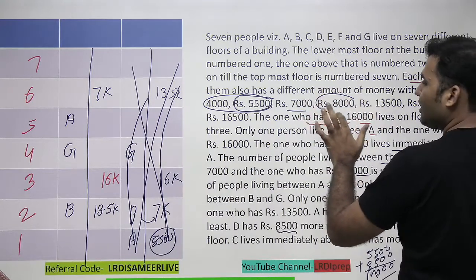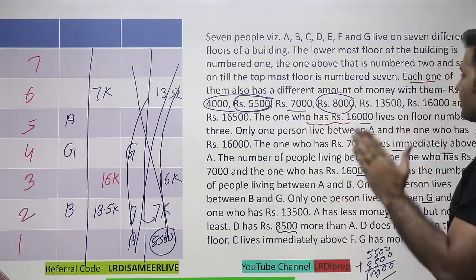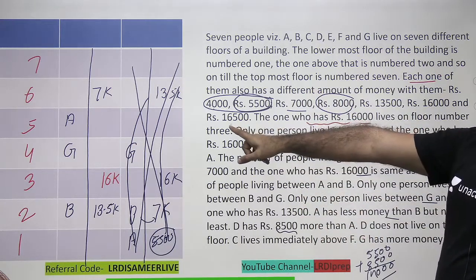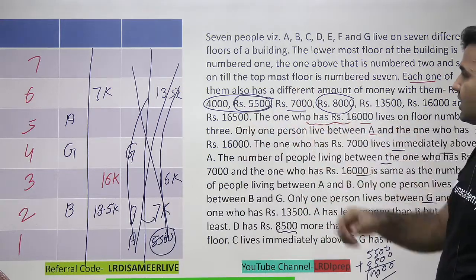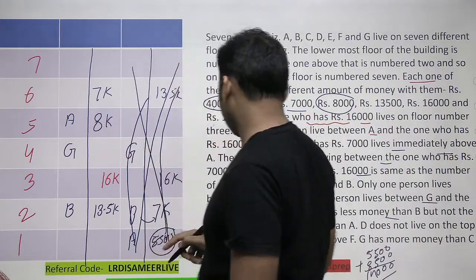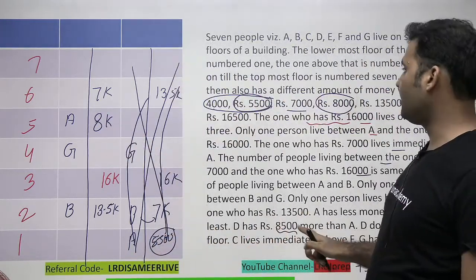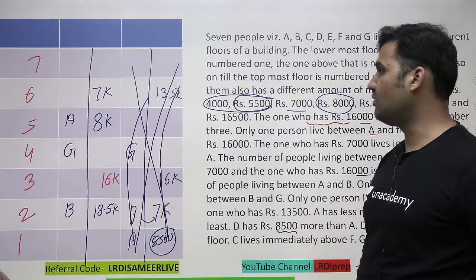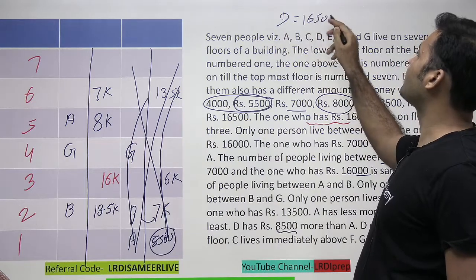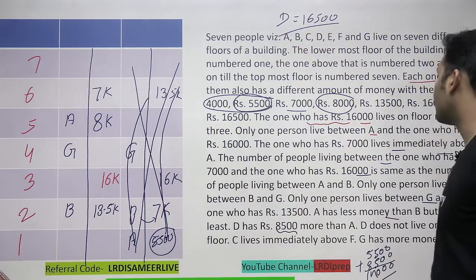If I have 8,000 for A, then 8,000 plus 8,500 will be 16,500, and I have 16,500 in the options. So A will be having 8,000 and D will be having 16,500. So we get to know D is earning 16,500 rupees. All right.